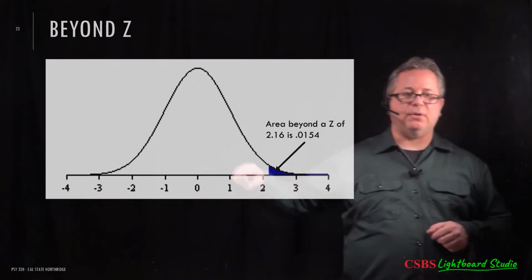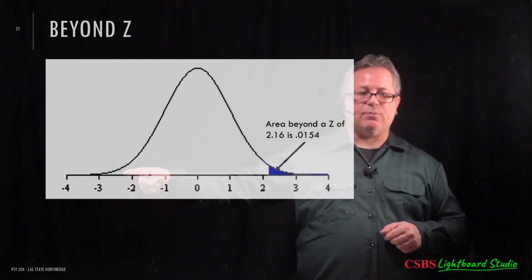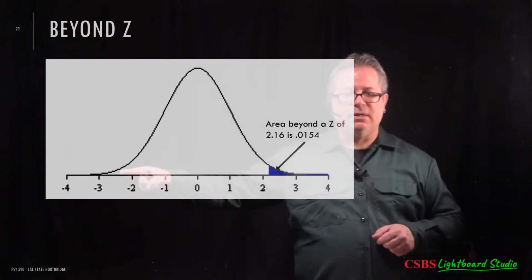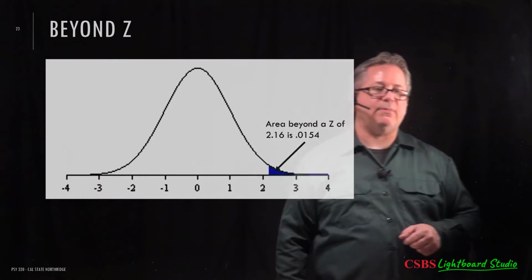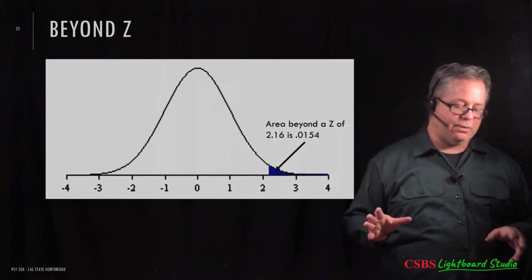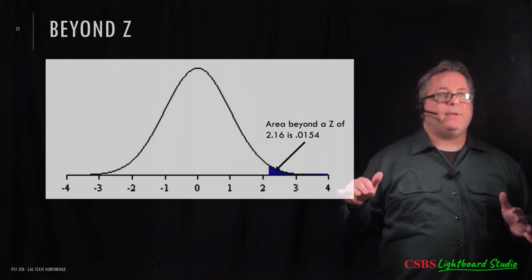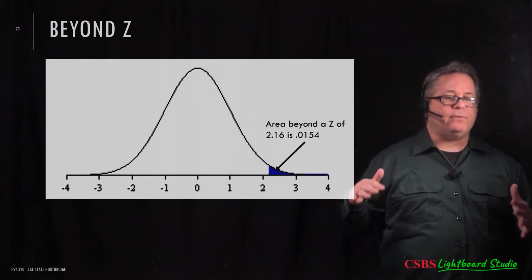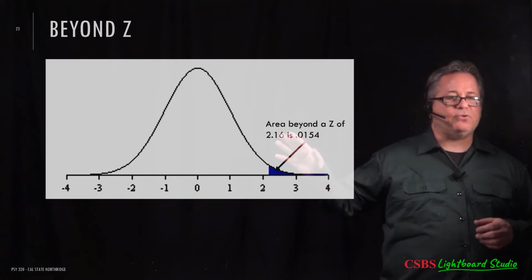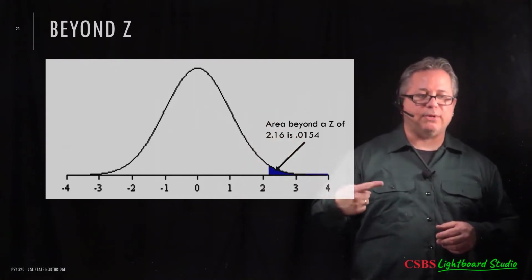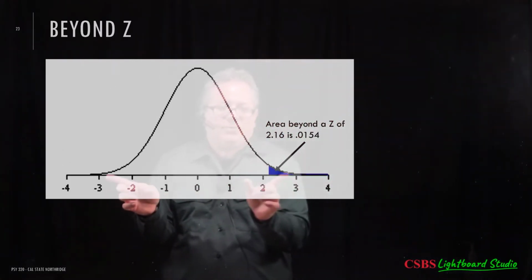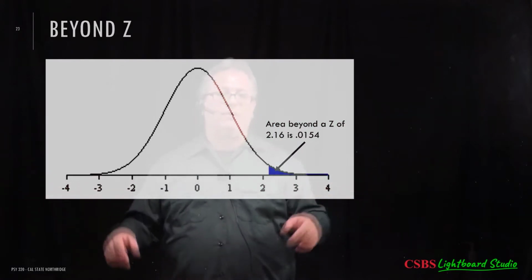But if you're on the other side, at -2.16, the area beyond would be that way. So the language used to describe which part of the distribution you're trying to find the area for can be a little tricky. Beyond usually means more extreme.